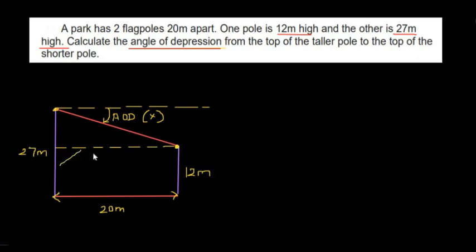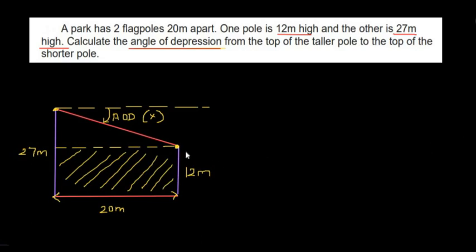Now if you look at this portion, this looks like a rectangle, and we know that in a rectangle the opposite sides will be the same. That's why if this is 12 meters, then this is also going to be 12 meters. And if this is 20 meters, then this is also going to be 20 meters.